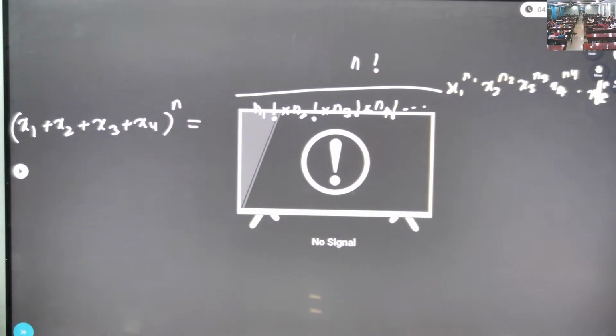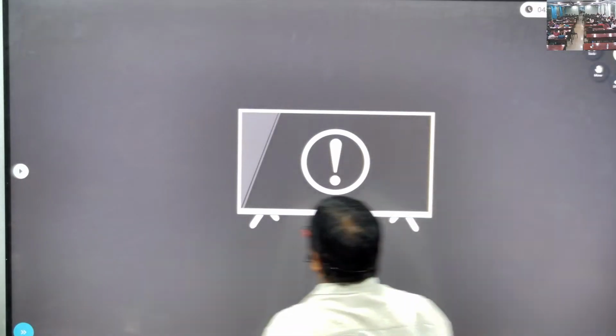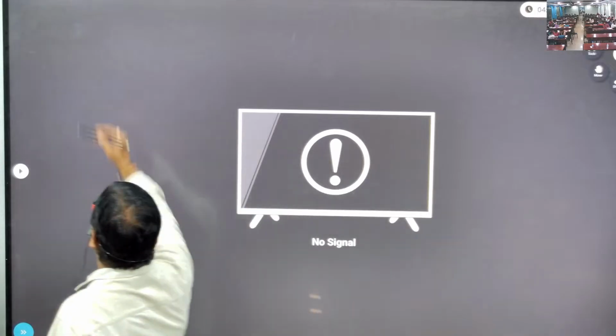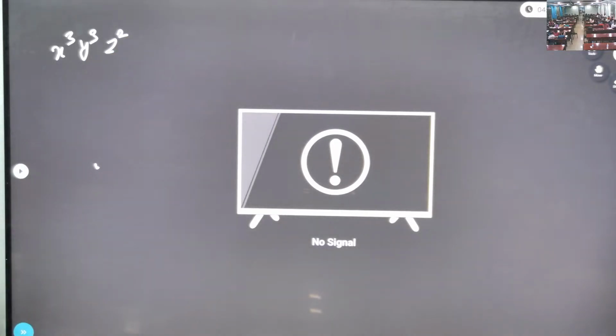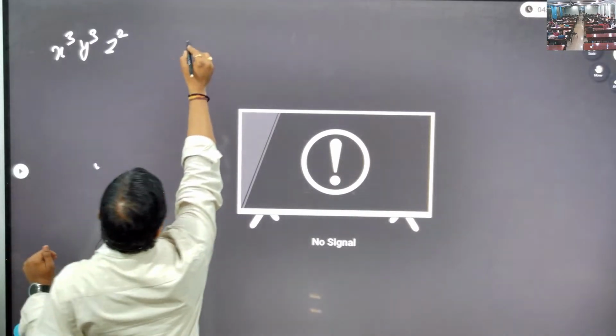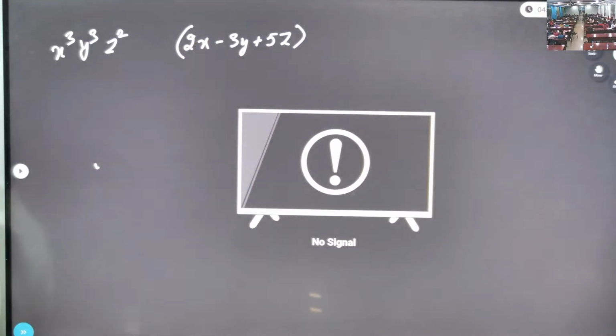Example: Find the coefficient of x cube, y cube, z square in the expansion of (2x minus 3y plus 5z) power 8.